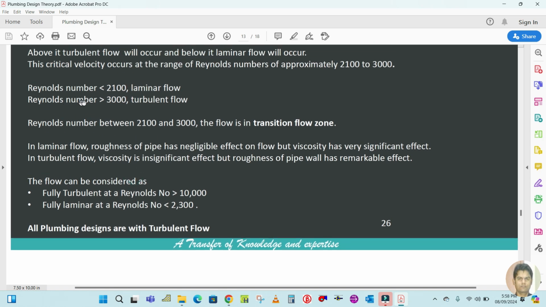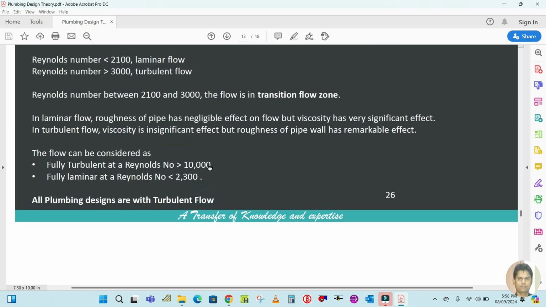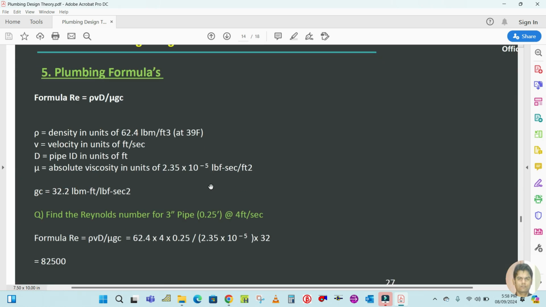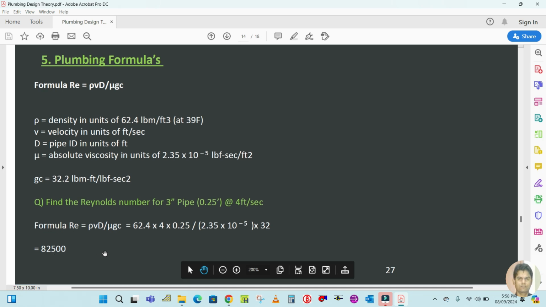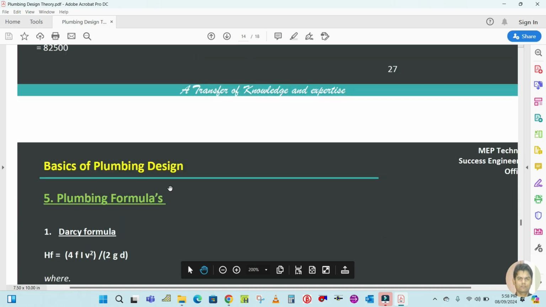And if the Reynolds number is greater than 3,000, the flow is turbulent but not fully turbulent. In our case the Reynolds number is 82,500, which means the water flowing through the 3-inch pipe is turbulent flow, not fully turbulent.